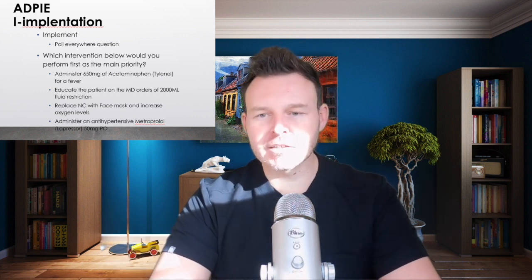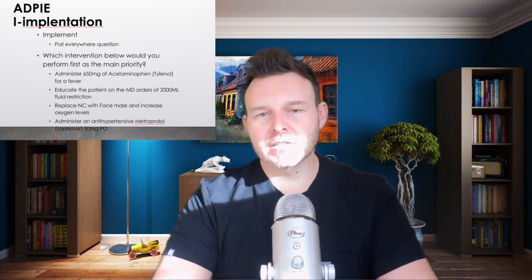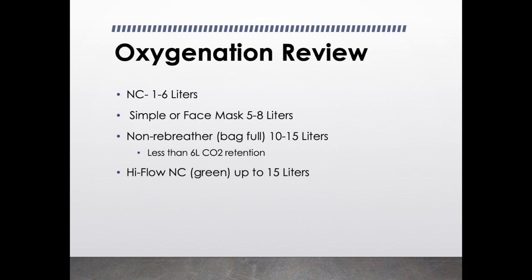Okay, we can crank that thing up to 7 liters, 8 liters, but it's not going to be able to deliver that additional oxygenation. It's only good for 1 to 6. A simple face mask, we can go from 5 to 8 liters. A non-rebreather mask, we can go from 10 to 15 liters. And then a high flow nasal cannula. Now remember, the difference on this one is that the high flow is a much thicker tubing and is traditionally going to be a green color.